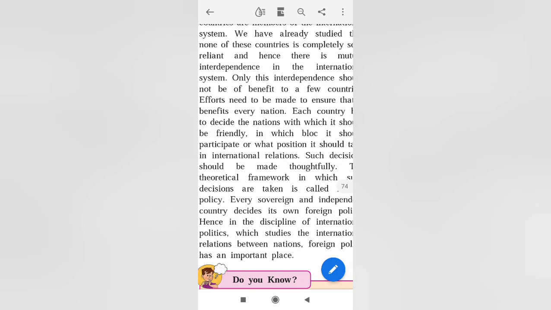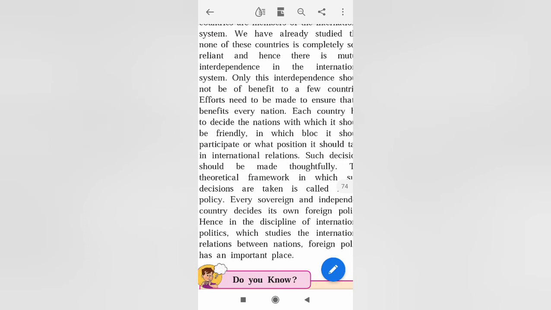Now we will see what are the other factors which are there. We have briefly understood what is foreign policy. Now we will see what is national interest.